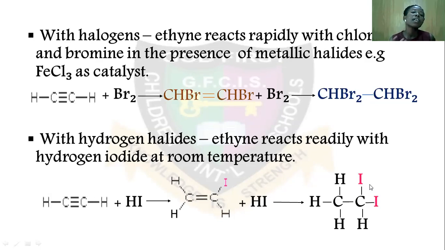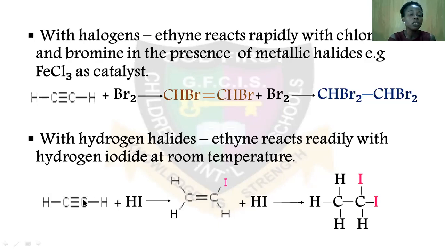Then with hydrogen halide, ethyne will react readily with hydrogen iodide. When we say hydrogen halide, that means a compound of hydrogen with halogens. So hydrogen iodide is a hydrogen halide. It reacts readily with ethyne at room temperature. So you have the product.